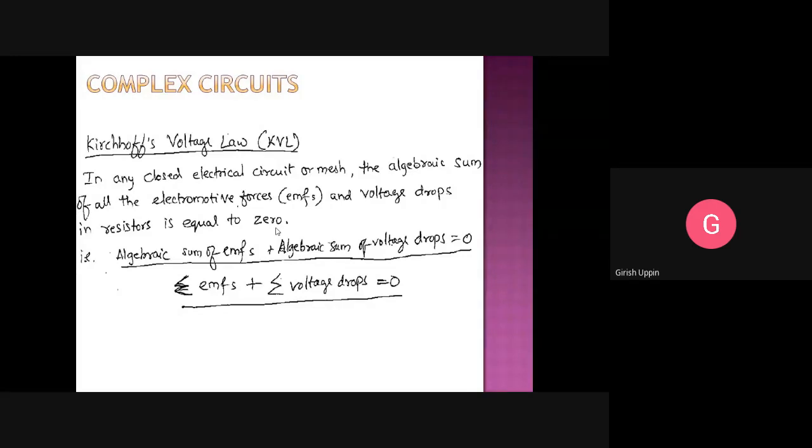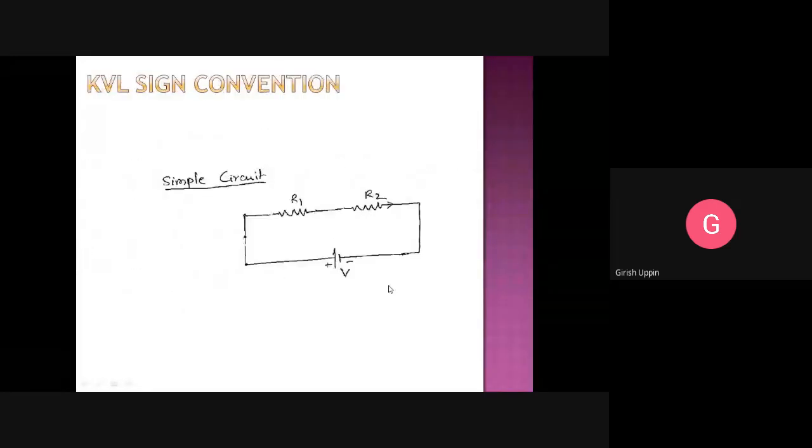Sum of all those voltage drops, if you add everything together, it will be equal to 0. That is, algebraic sum of EMFs plus algebraic sum of voltage drops is equal to 0. That we write as sigma EMFs plus sigma voltage drops is equal to 0. We will apply it to the circuit, then we will understand what is the meaning.